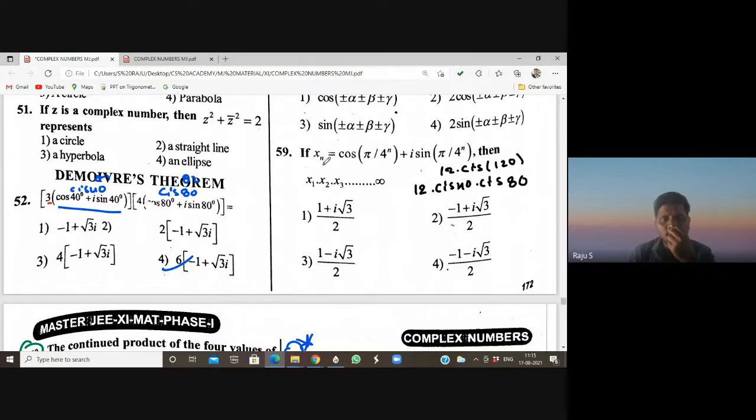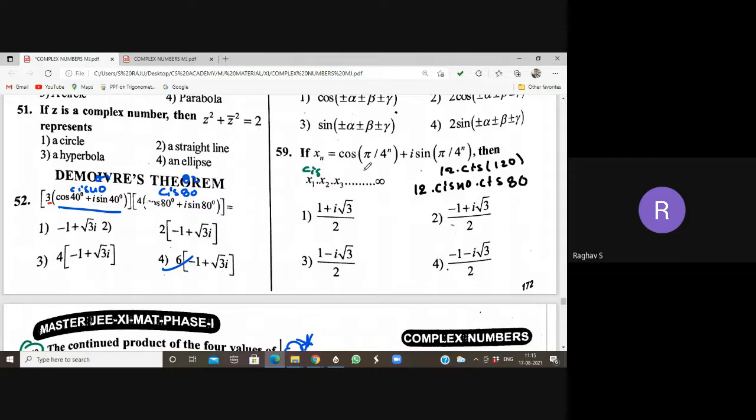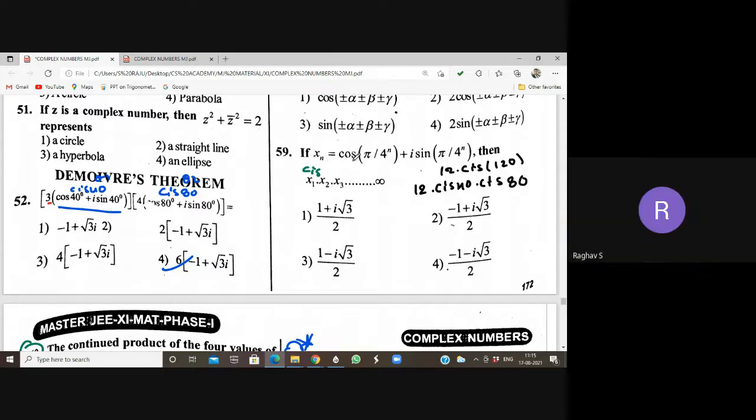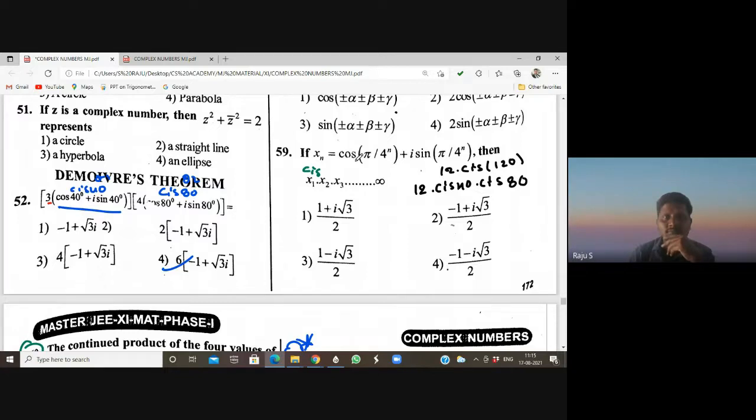First, you have to write in terms of cis theta. Cis pi by 4, cis pi by 16, cis pi by 64, like that. Pi by 4, pi by 4 square, pi by 4 cube, and so on.